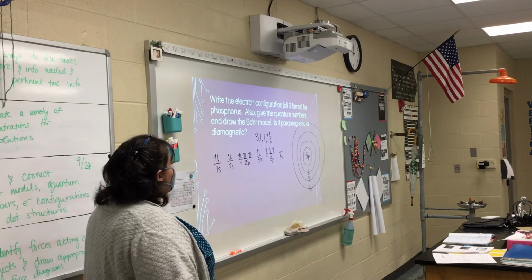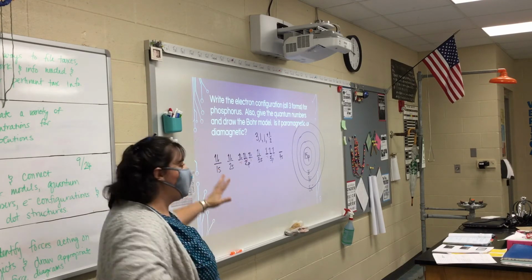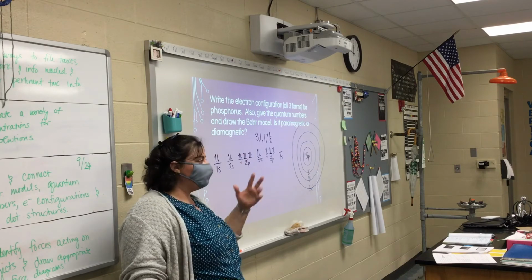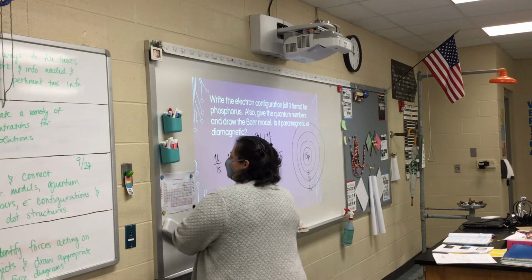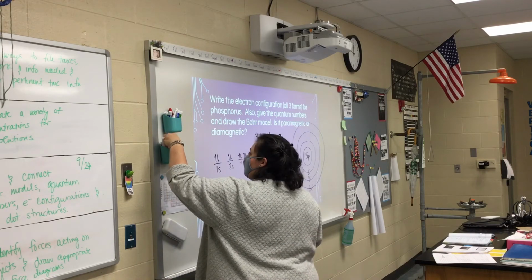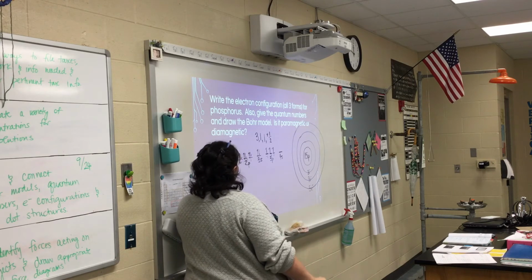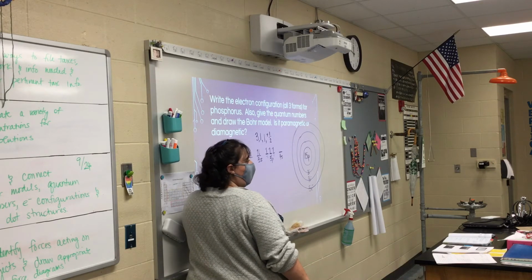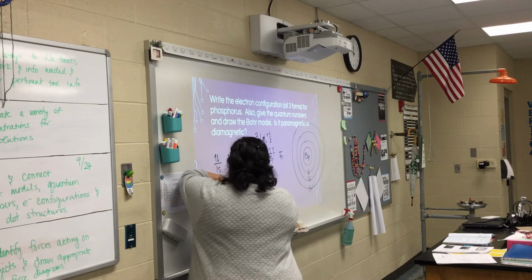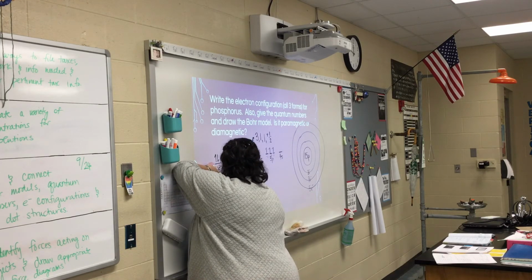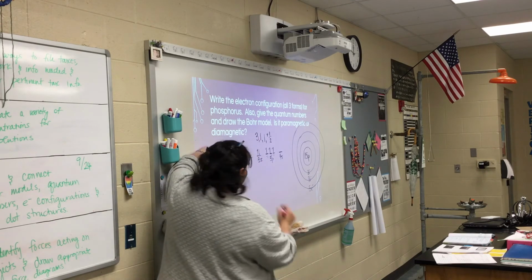So, the next one is just the electron configuration notation. It takes this and makes it a little bit more of a shorthand. I'm going to list each orbital with its energy level and then use a superscript to indicate the number of electrons there. The first one is 1s. How many electrons are in the 1s orbital? 2, so I'm going to put the little 2 up there.